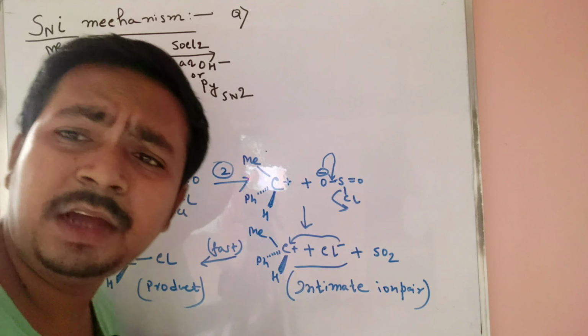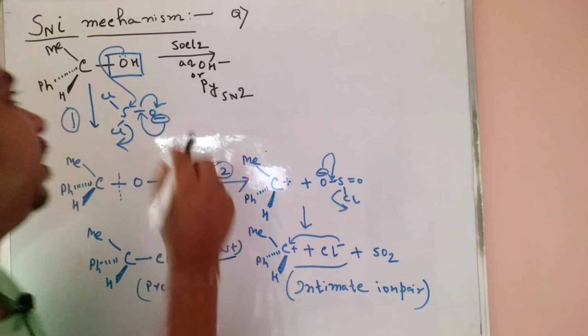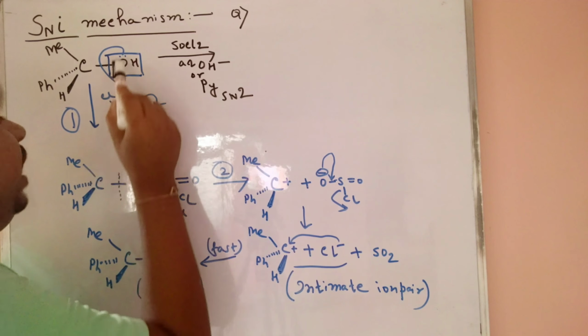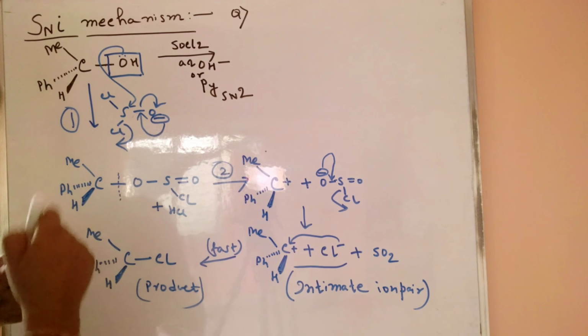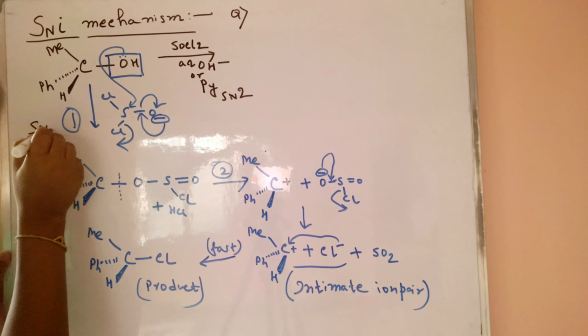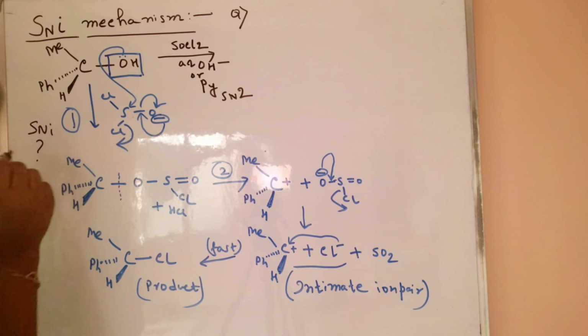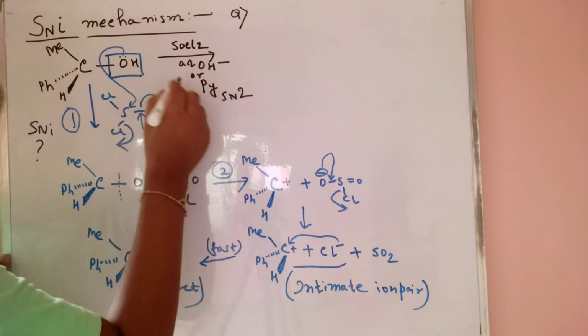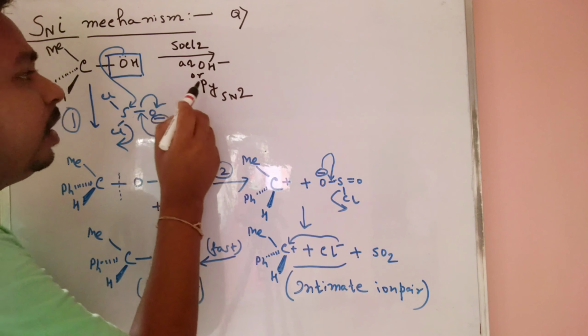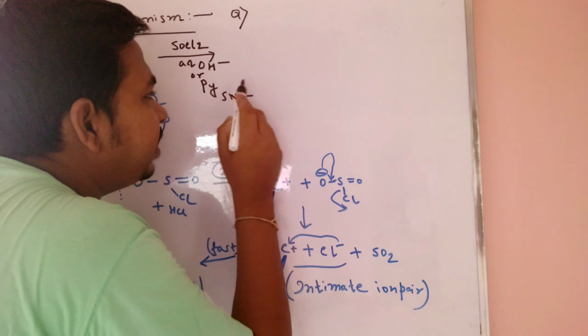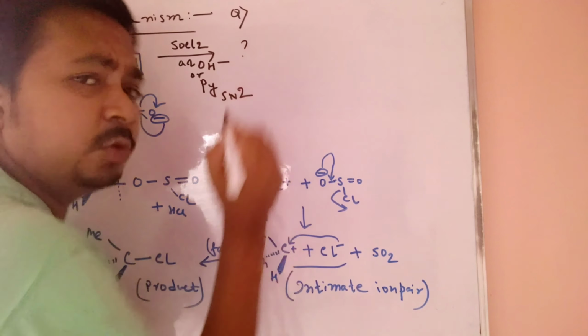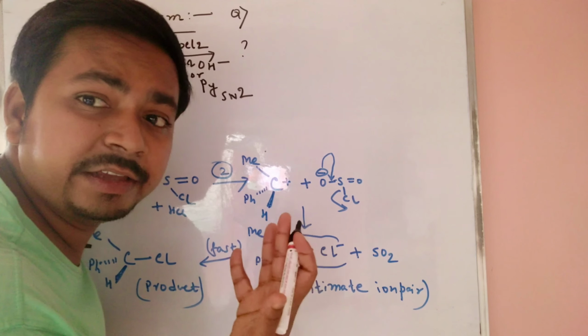Now one of the important questions is, in presence of SOCl2 alone the reaction goes through the SNi pathway. Very important question. But when we use SOCl2 in presence of aqueous OH minus or pyridine, the reaction goes through the SN2 pathway. Why?